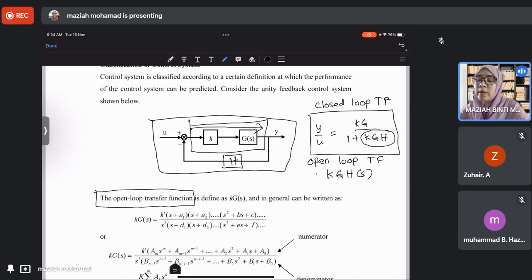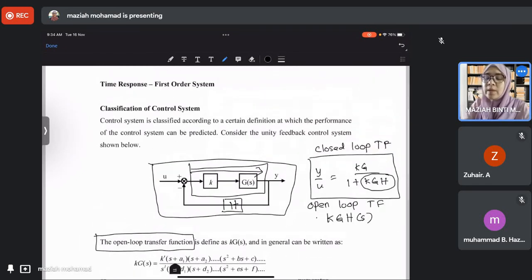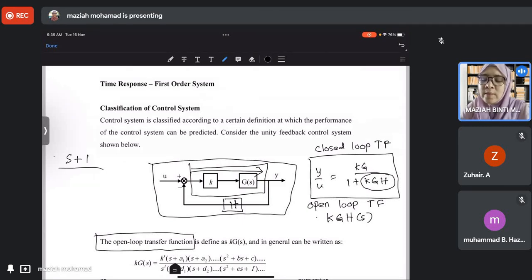Normally you can see the transfer function, whether it is open loop or closed loop, written in this form: S plus 1 over S plus 3, S plus 6, similar to what you saw in the time response just now.